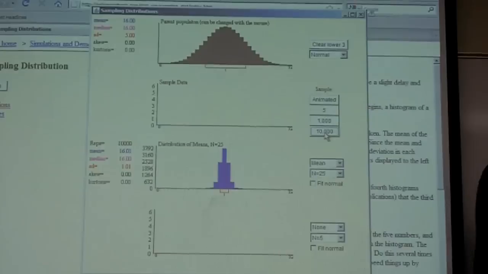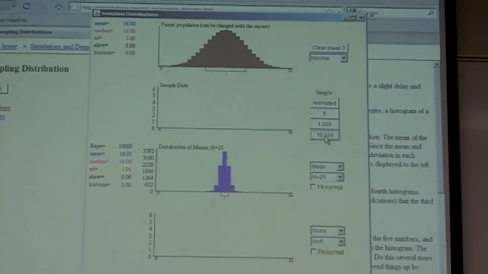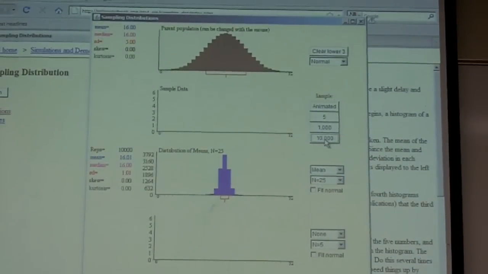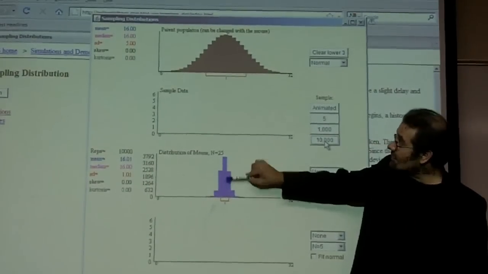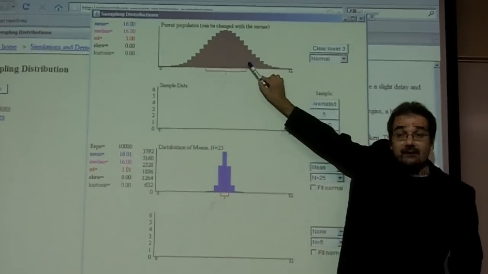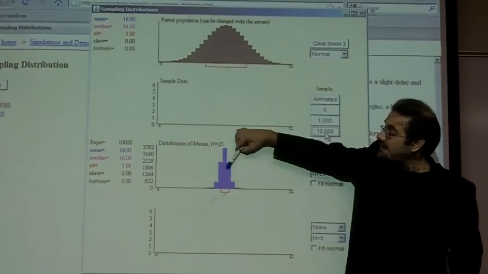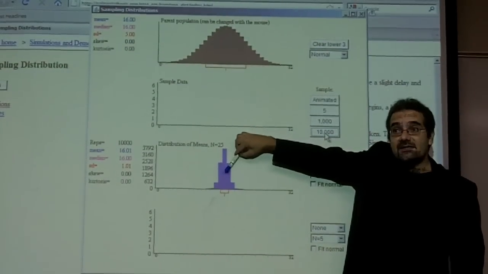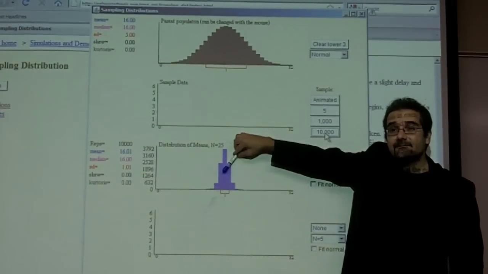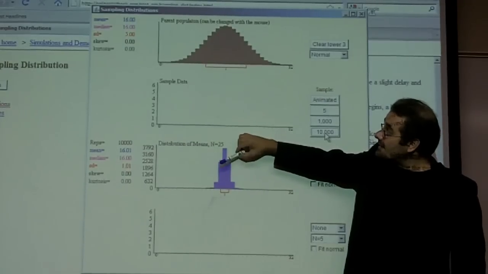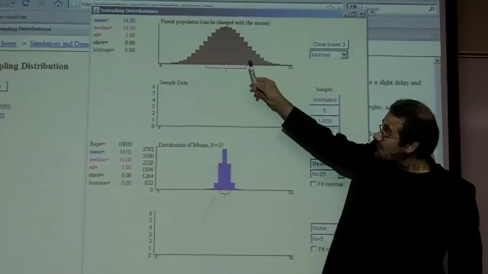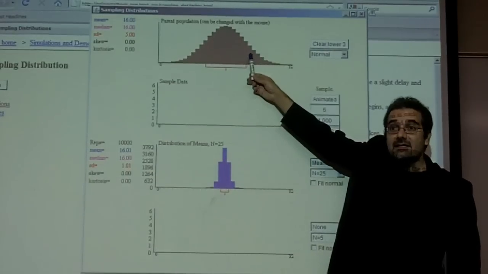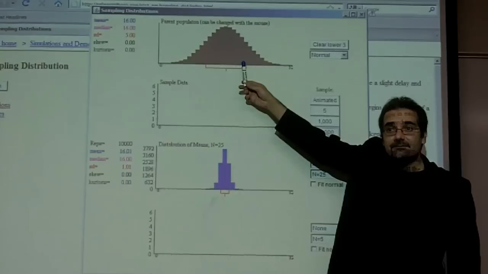So we now have discovered on what principle the relationship will be between the variance of this distribution compared to the variance of this distribution. It's a relationship that's a function of sample size, meaning that the variance of this distribution is equal to the variance of this distribution divided by sample size.